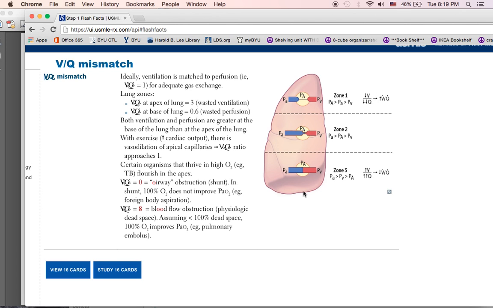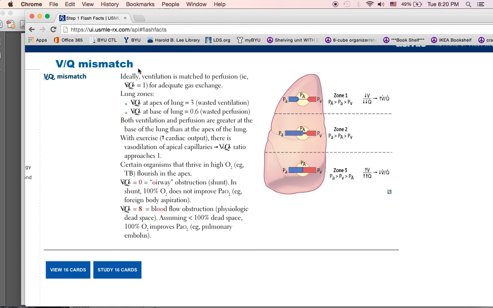So even though the base has more ventilation and perfusion, the difference between the apex and the base is greater for perfusion. And that's why, if we just look at this as a fraction, the V is going to be greater than the Q, and that's why we have a VQ greater than 1.